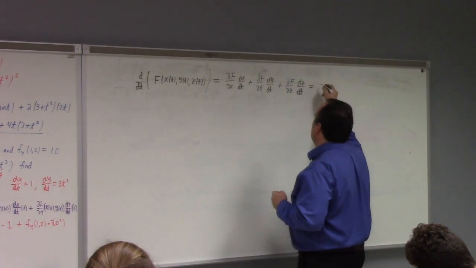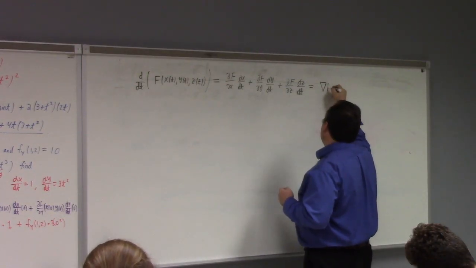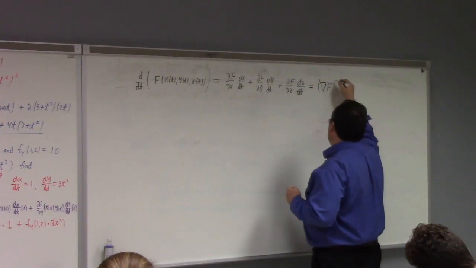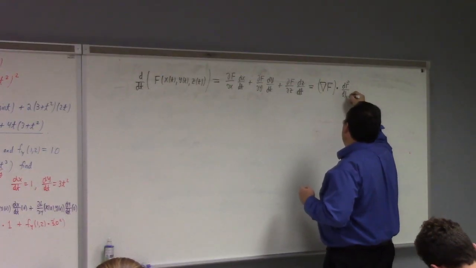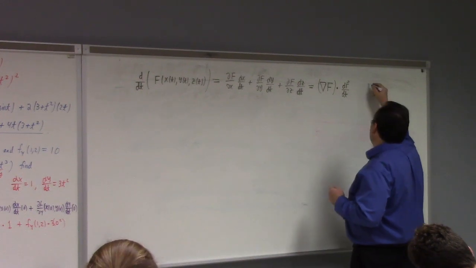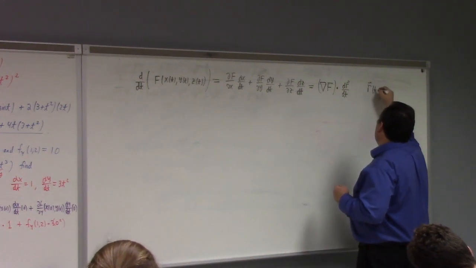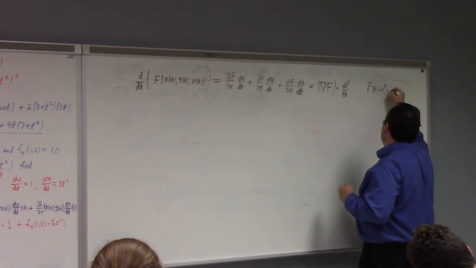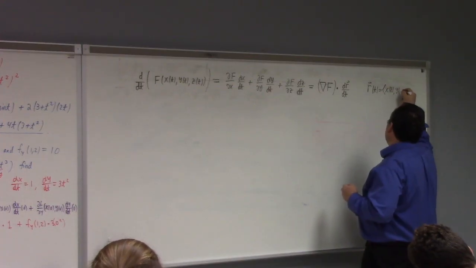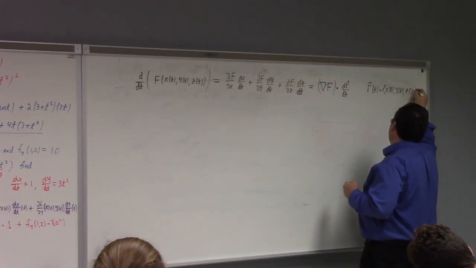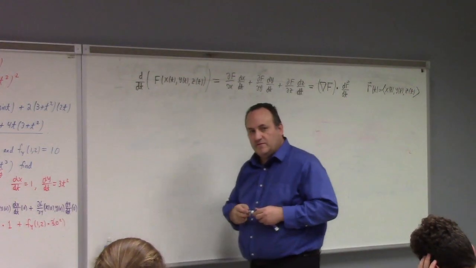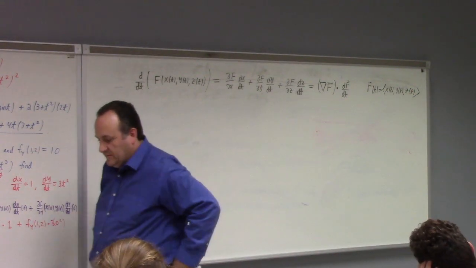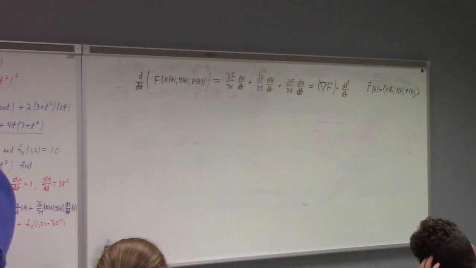This is the gradient of the function f dot product with dr/dt, right? If I'm using r of t equals, as usual, x of t, y of t, z of t here, yeah? So here you go. This is the chain rule for a function of 3 variables evaluated at a space curve, at a path, rather.